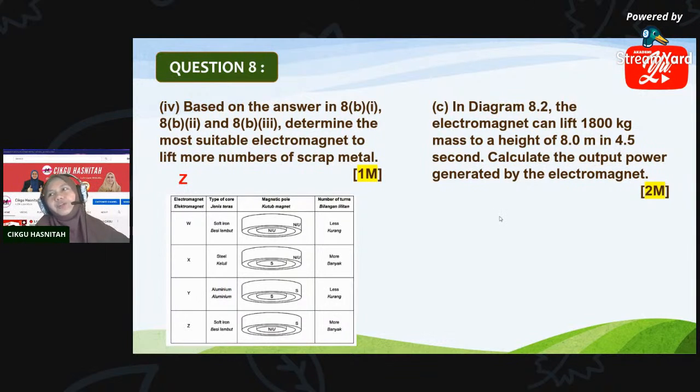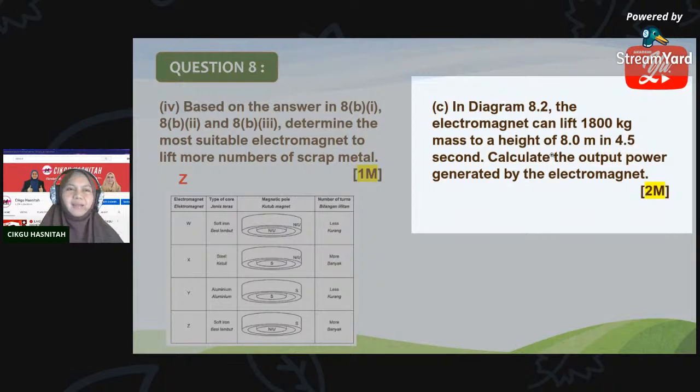Okay, this is the last question. In diagram 8.2, the electromagnet can lift 1,800 kilogram mass to a height of 8 meter. It can lift 1,800 at a height of 8 meter in 4.5 seconds. Alright? So calculate the output power generated by the electromagnet.